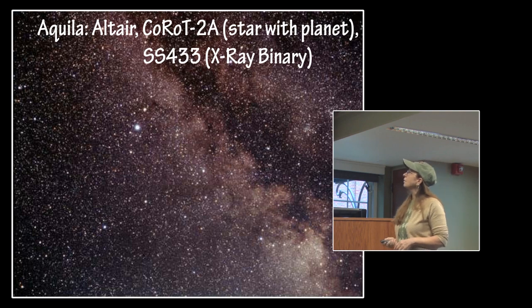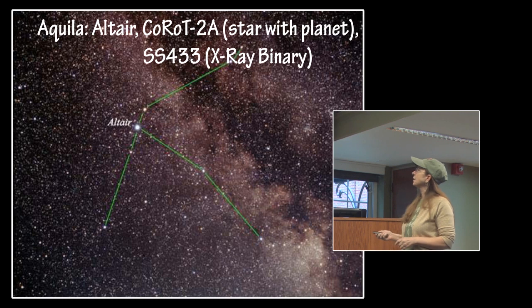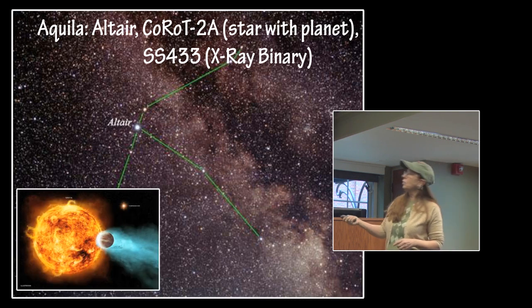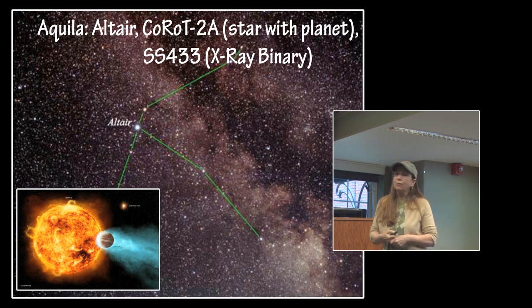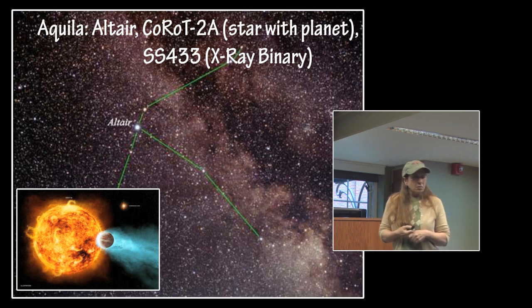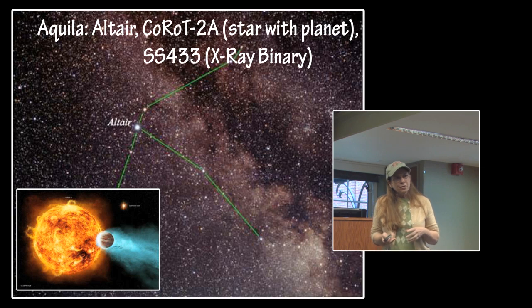So Aquila, or Altair, that constellation contains Corot 2a, which is a star with a planet forming around it. The planet, though, is only 3 to 5 times larger than Earth.